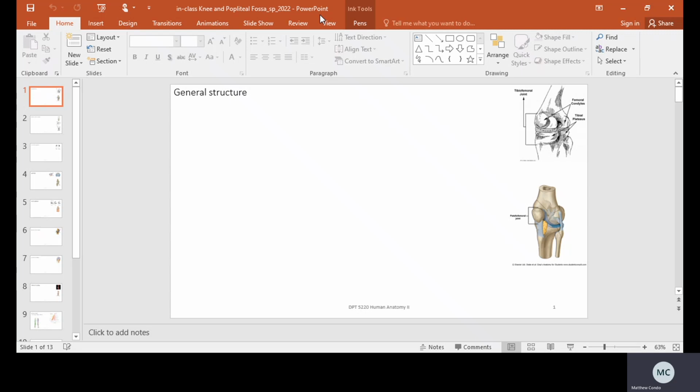So the big joints that we're going to deal with here are going to be the tibiofemoral, which literally is just going to be the articulation between the tibia and the femur.